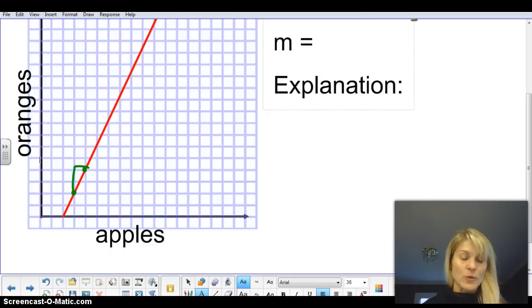So these are all going by 1 since it's not labeled, so I rise 2 and I run 1. So I'm going to go over to my slope here. My slope is 2 to 1. So remember, 2 is the y, so that's oranges. So we're going to say we've got 2 oranges, and then the 1 is the x-axis, and that's 1 apple.